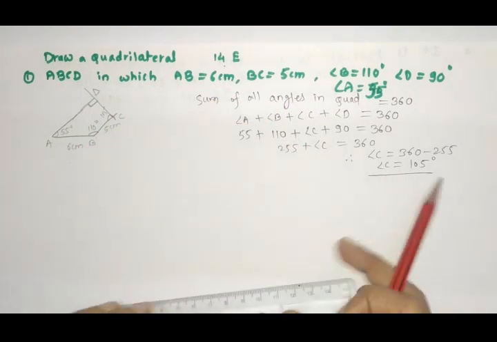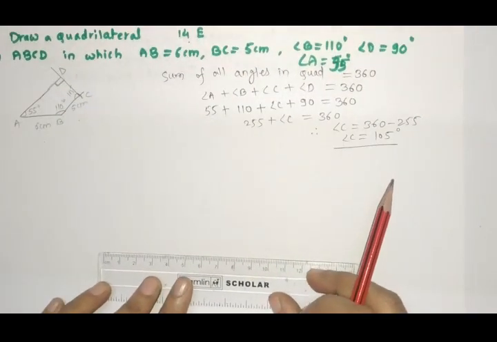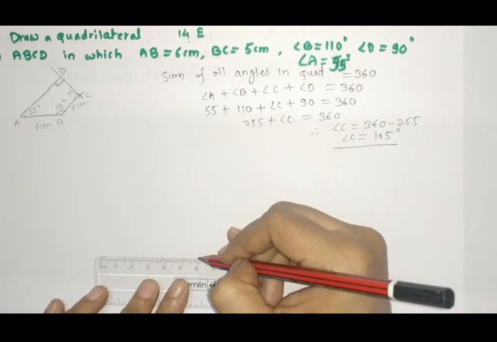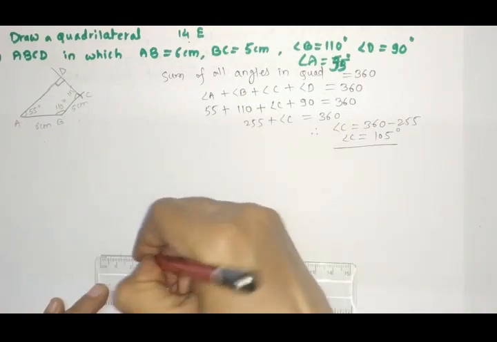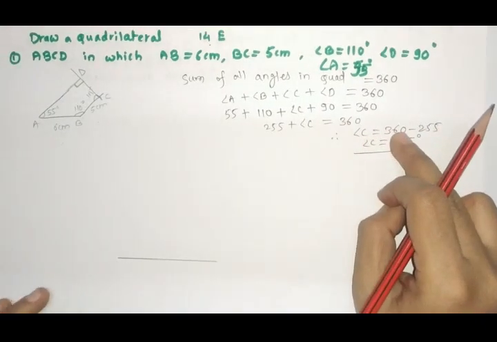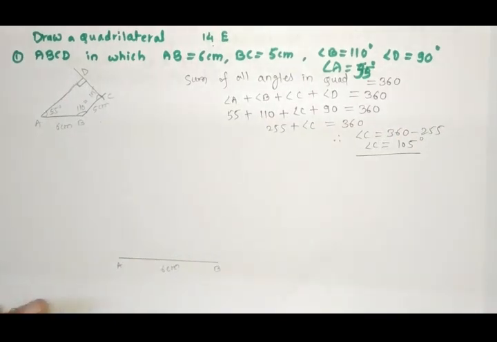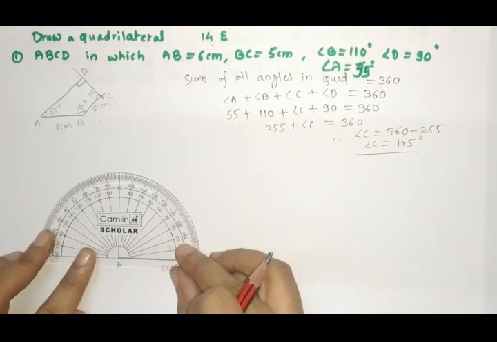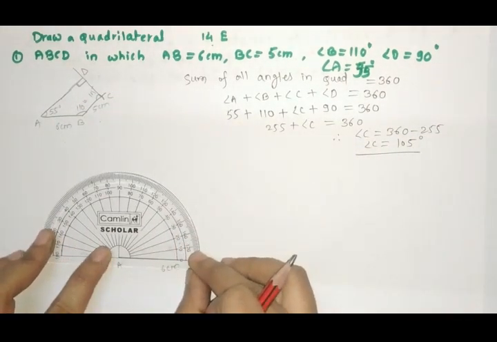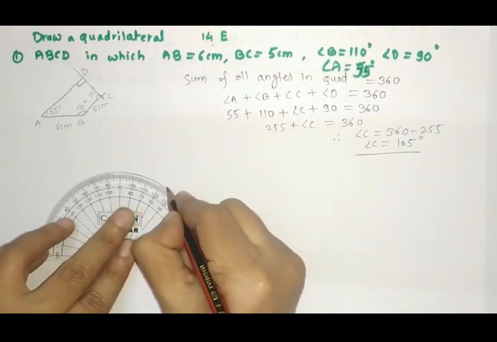So let's start making it. First of all, we'll draw AB 6 centimeter. We have to perform this extra step. Okay, this is AB, this is 6 centimeter. Now we'll do the measurement of angle A 55. So just draw 55. Here it is going to come 55.